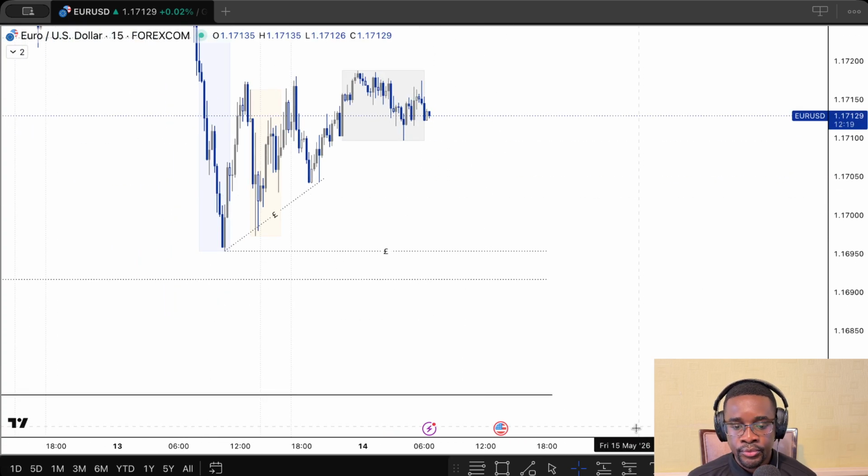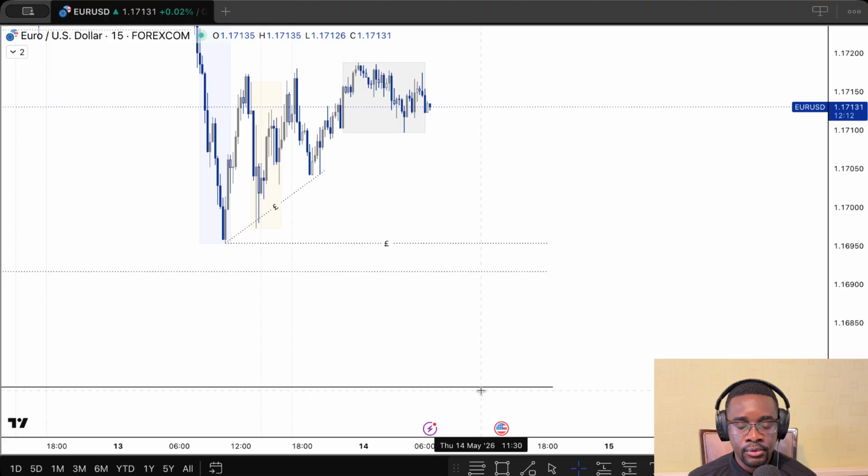It is possible, of course, that price could mitigate the extreme and then switch bullish, still respecting this strong 15-minute swing low.